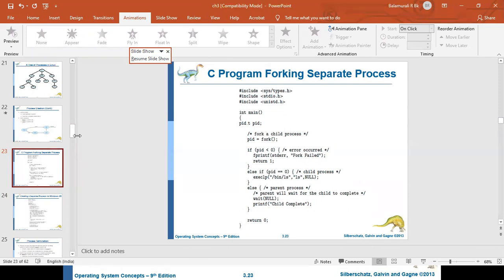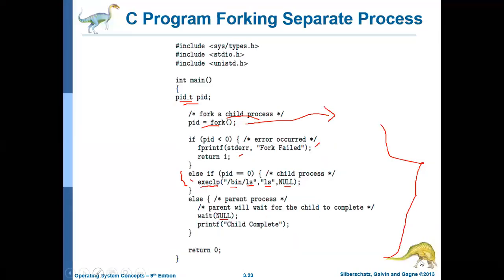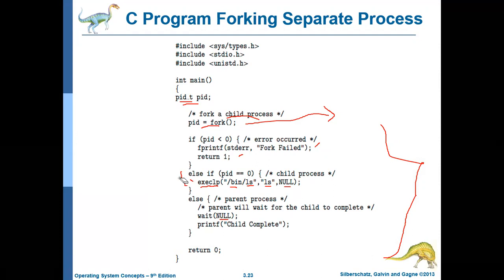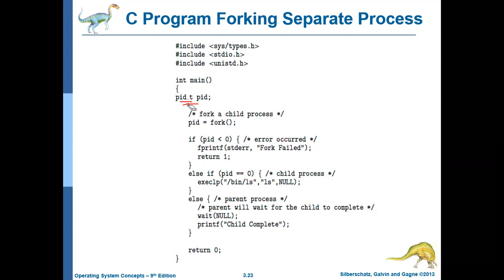In that case, the resources allocated to the child will not be freed by the operating system. It will still be held under that child, even though the child process has completed. It may be one child or more than one child.